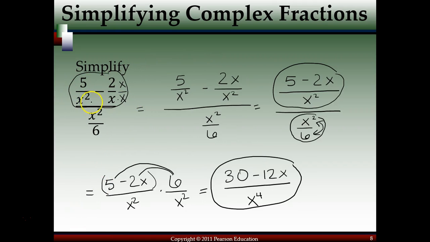We had to combine these two fractions first, add their numerators together, and then finally multiply the numerator by the reciprocal of the denominator, and then multiply. And then finally got our answer. So, like I said, sometimes you'll want to use one method, sometimes you'll want to use the other.